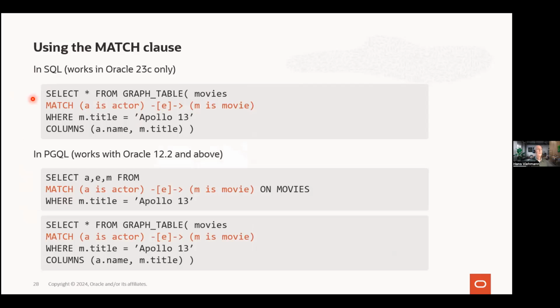So in SQL, the surrounding SQL query does look a little different because the database, at the end of the day, expects a row set as the output from this pattern matching exercise.